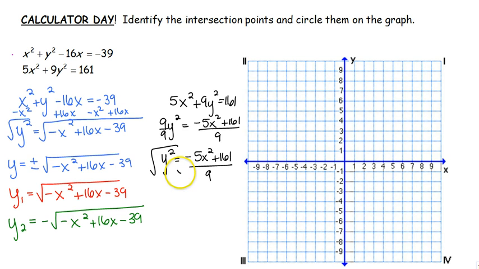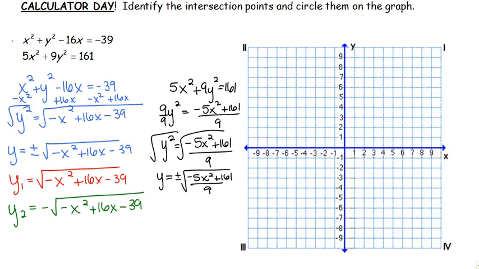And then again we have to square root. So y is equal to plus or minus the square root of negative 5x squared plus 161 all over 9. And again, don't worry about simplifying this radical. You just want to make sure that everything's in the right spot. We're not going to break down radicals since we're using our calculator to graph it. So here, again, we're going to have 2 equations.